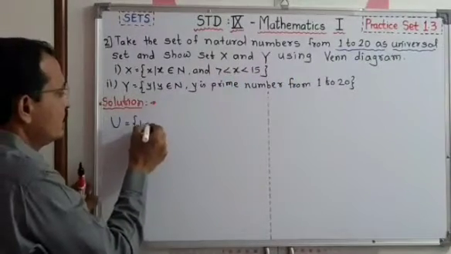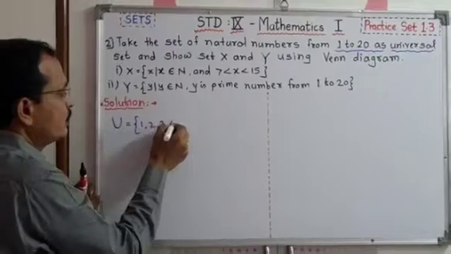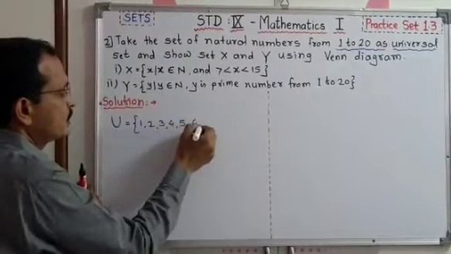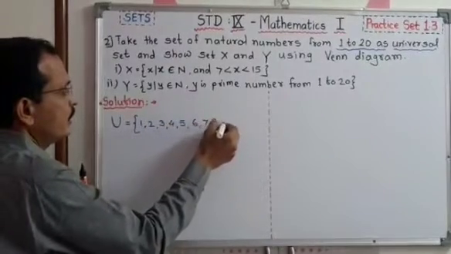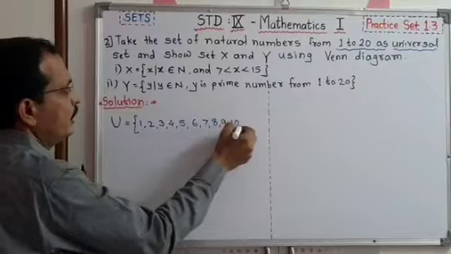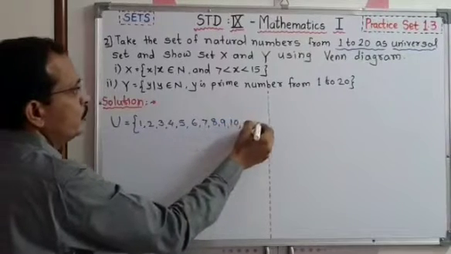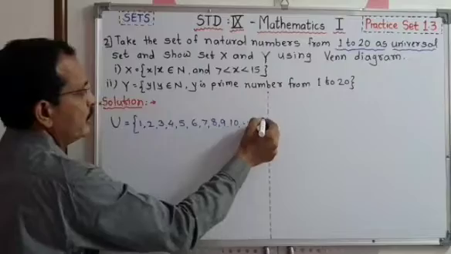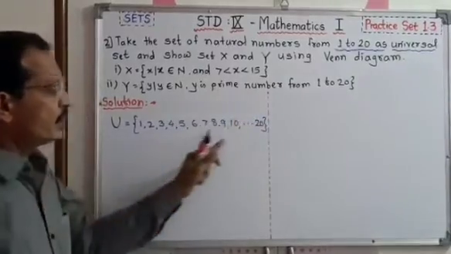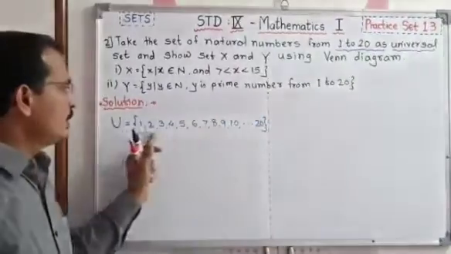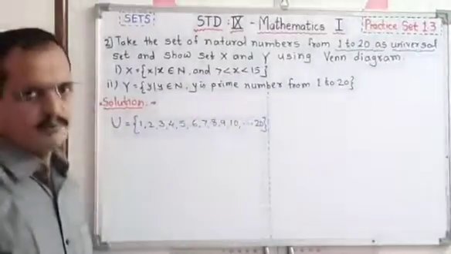First is 1, 2, 3, 4, 5, 6, 7, 8, 9, 10 and up to 20. In between there are elements. We write the set by list method.